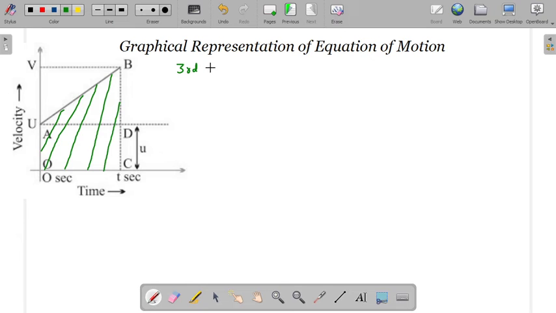So third equation of motion, now we are going to derive this.